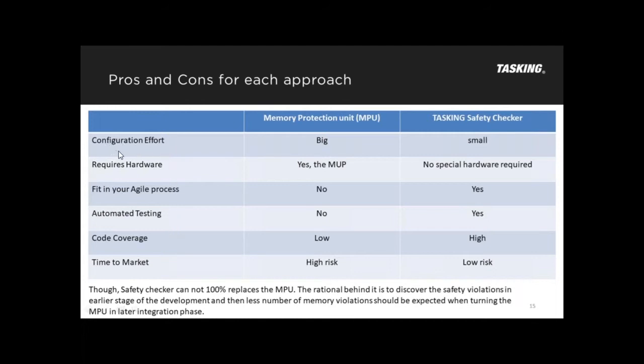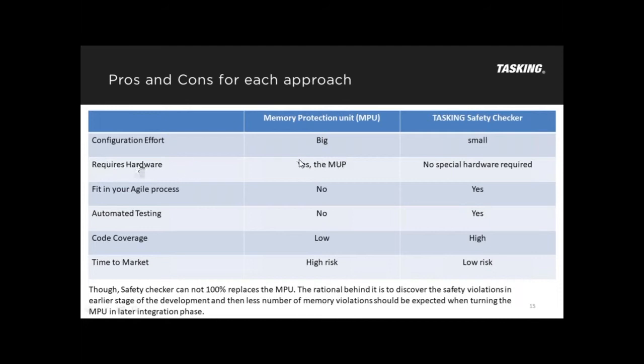In terms of configuration effort for the MPU, it really takes a big amount of time to configure because it's a really complex component, and you have to have a big expert on how to configure this MPU. But for the safety checker, it's just one file that you need to configure to describe your software, and then run the safety checker for the whole software stack. And if you think about, okay, do I need hardware or not to use this tool?